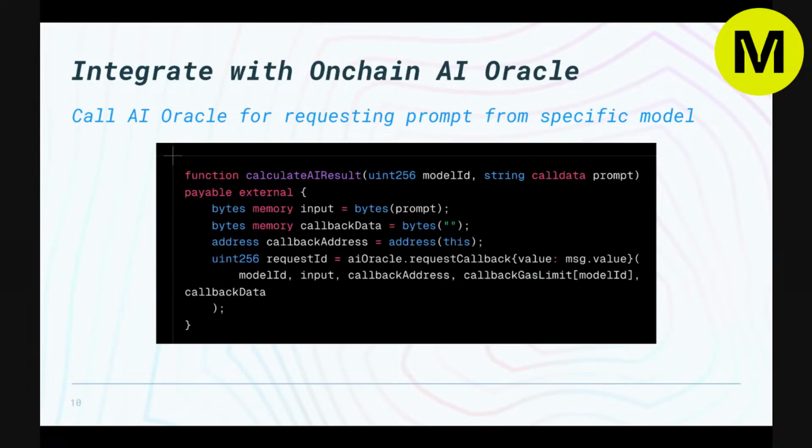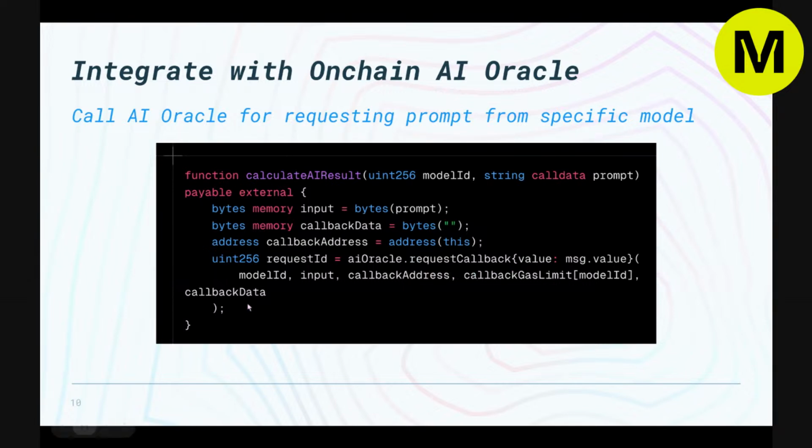To integrate with the on-chain Oracle, here is the core code. You call the function calculateAIResult, and with this function you pay the model fee, specify the model ID you are using and the prompt, and send a request to the AI Oracle.